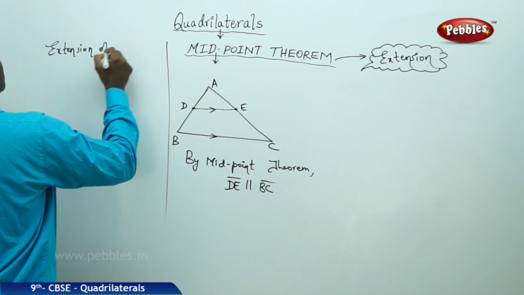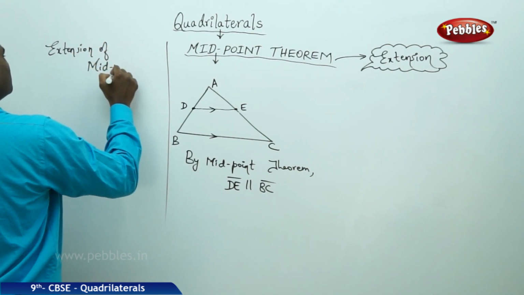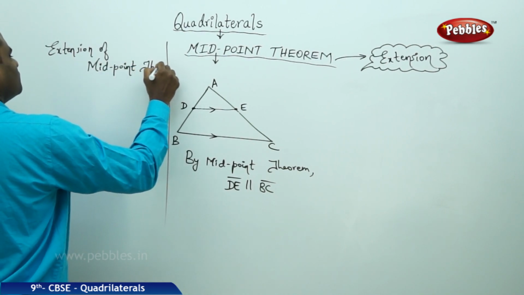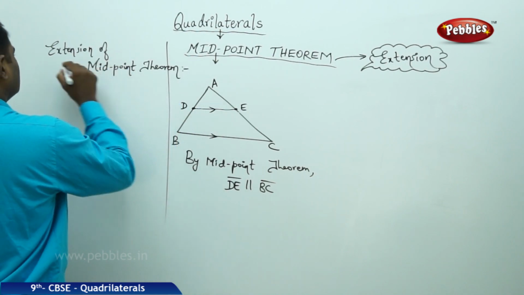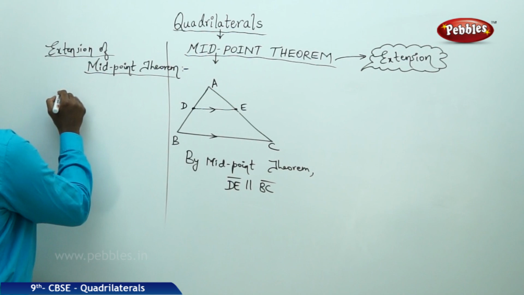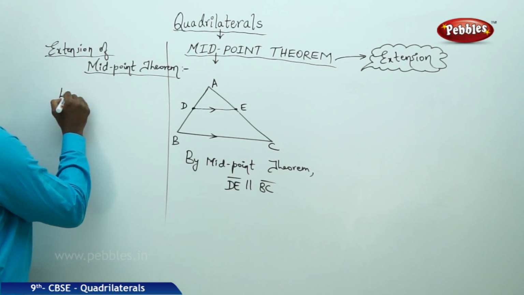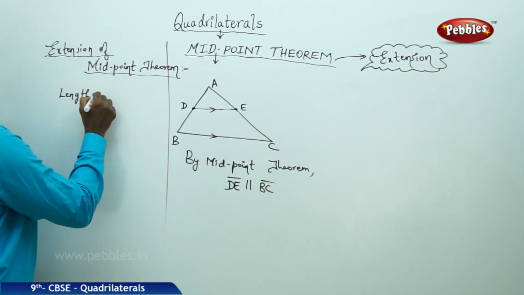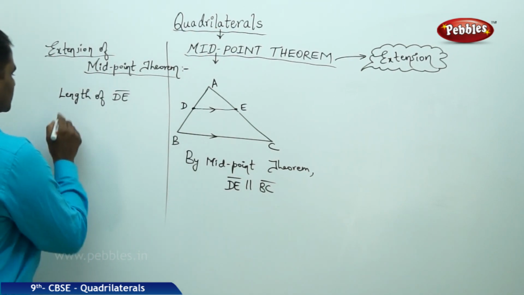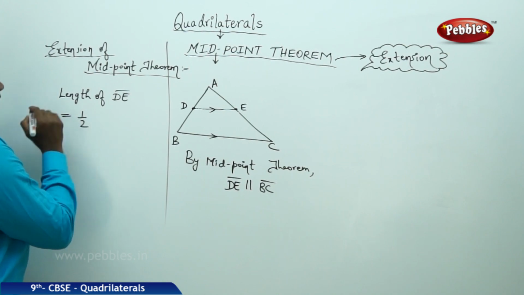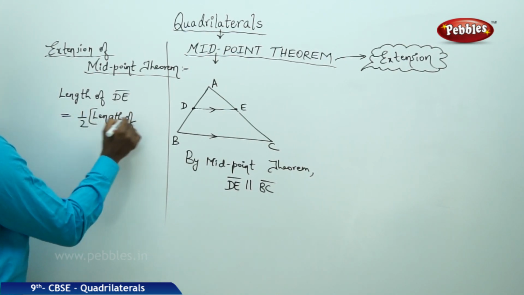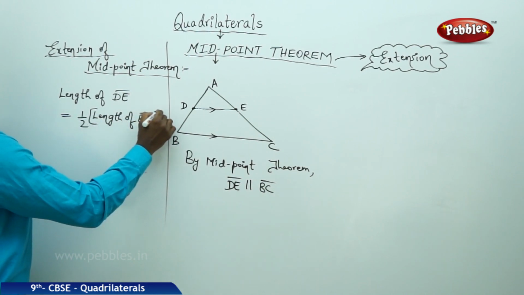Extension of midpoint theorem says that the length of the line segment DE is exactly half of the length of its third side, which is BC.